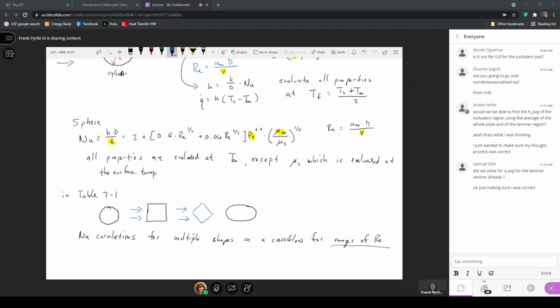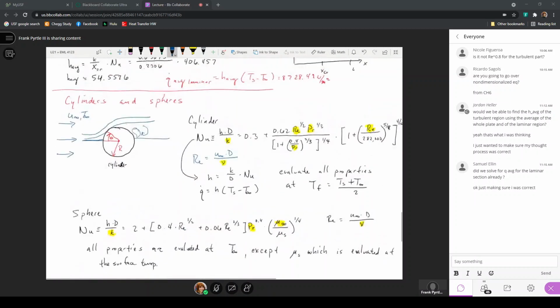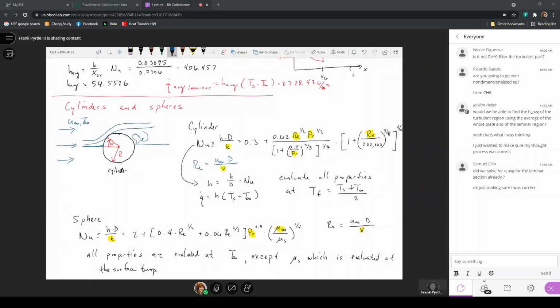But you could also do it for this cylinder rather than use this expression. Now you will get slightly different answers, and that's why you just have to reference which correlation you're actually using when making a calculation for that particular problem.